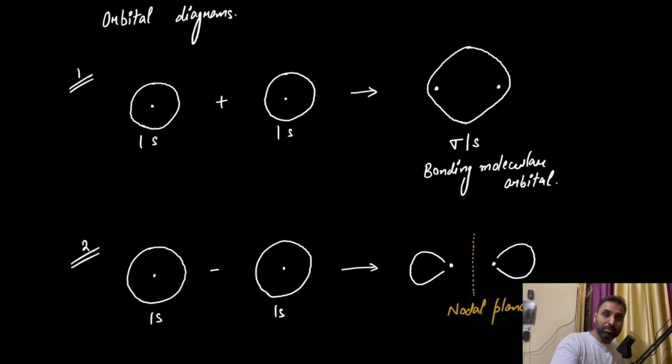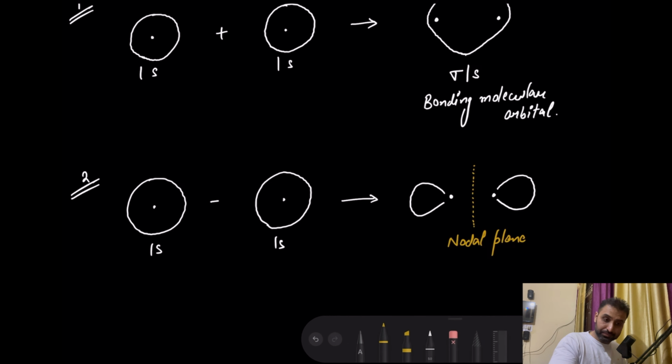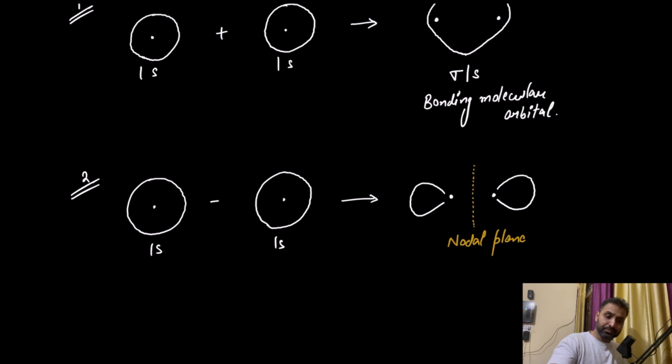What is nodal plane? It is the region around nucleus where probability of finding electron is 0. Now, this is anti-bonding molecular orbital. So now I'm writing again sigma because s and s orbitals always form sigma bonds.